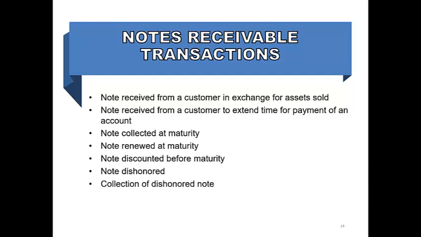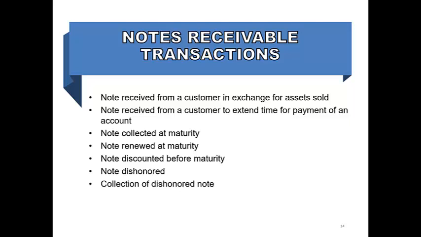If a customer already has an accounts receivable that he knows he's going to be unable to pay, he may offer a notes receivable in its place to extend time for the payment. And every once in a while too, a company may loan an employee or another individual money, and that would also originate in a notes receivable.